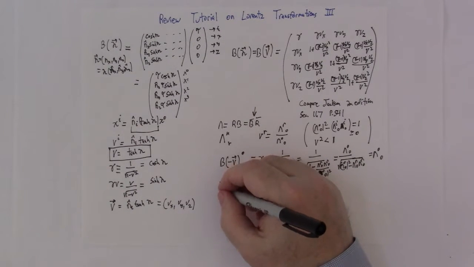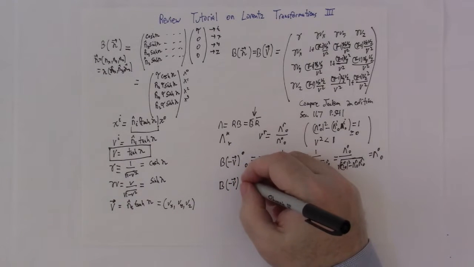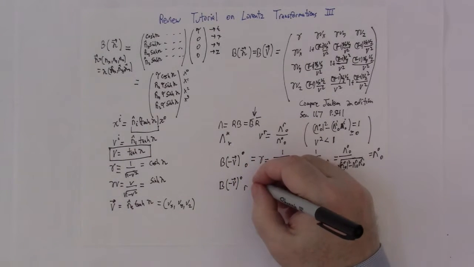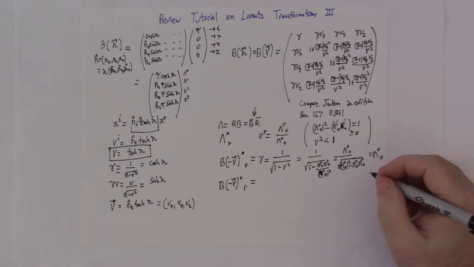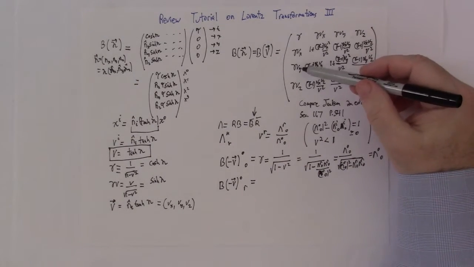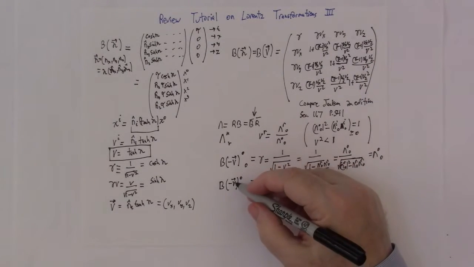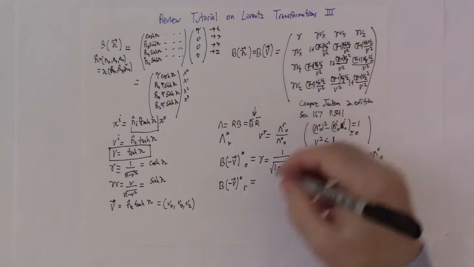Now let's calculate b minus v 0r. So if you look at this matrix, the 0r or the r0 component is just gamma vr. So when I use minus v, it's going to be minus there.